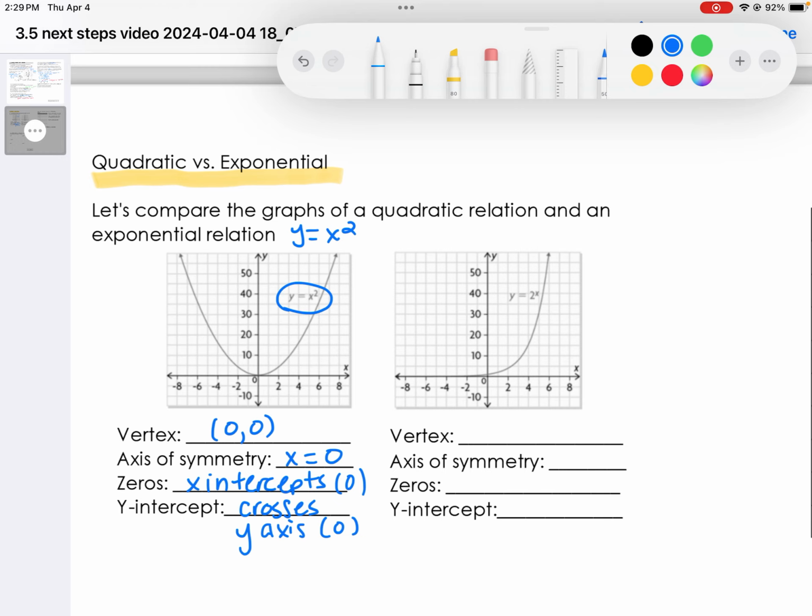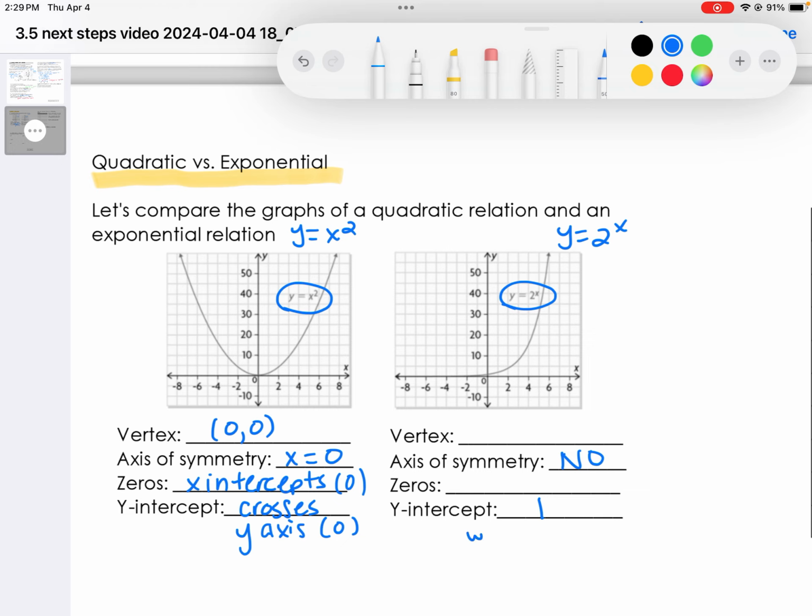So when you have the base exponential graph, which is considered to be 2 to the power of x, then it almost looks like a parabola, doesn't it? But it is not. There is no axis of symmetry, and we're going to talk about what the y-intercept is. It's actually always going to be 1, and I'll show you how that works.